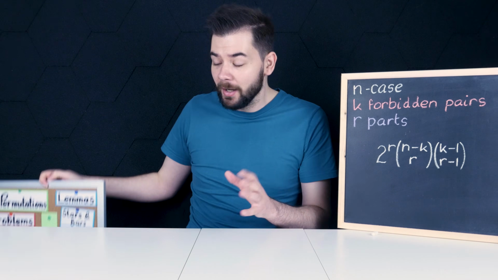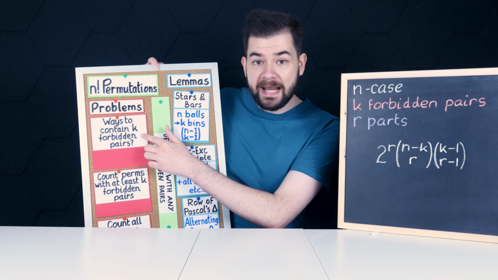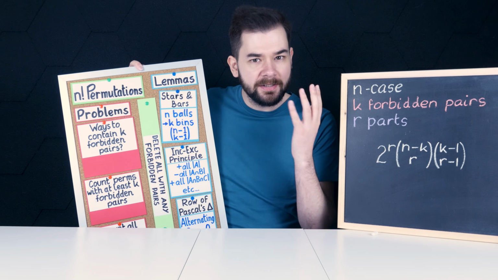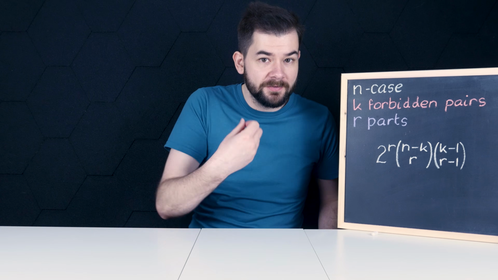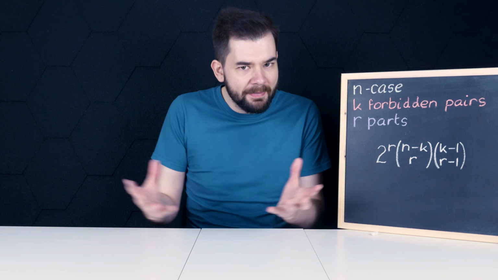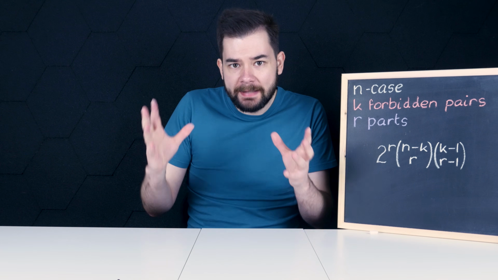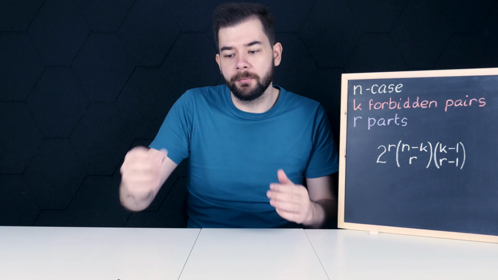To complete this step, remember that we want the number of ways to contain k forbidden pairs in total. All our formula does at the moment is say if you have k forbidden pairs but spread into r parts. So how do we gather them all together? Well, realize that no matter how the forbidden pairs are separated, they must be split into some number of parts.